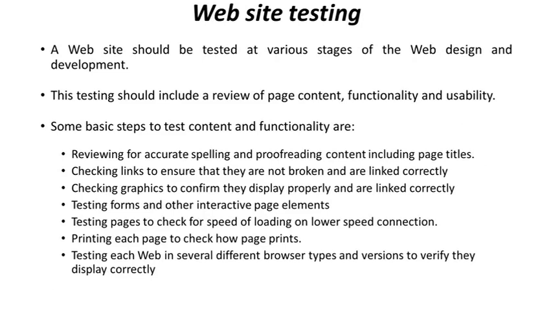Next one, website testing. As I said before, once we develop, all of a sudden we cannot provide the product to the user. Before that we have to test whether the product is working fine. There are so many things we have to test. The first one is review of page content. We have to make sure the information in the website is true.